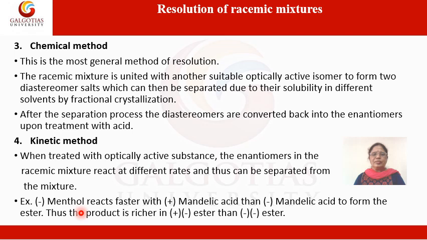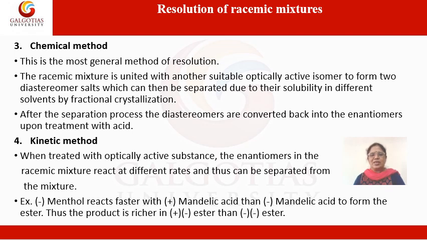Then comes the fourth method, called the kinetic method. When an optically active substance is treated with the racemic mixture, the enantiomers in the racemic mixture react at different rates, and that can be utilized for separation of the mixture. For example, when menthol is treated with the racemic mixture of mandelic acid, it is observed that menthol reacts faster with dextromandelic acid than with levomandelic acid.